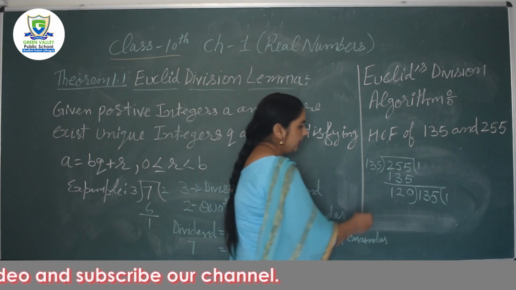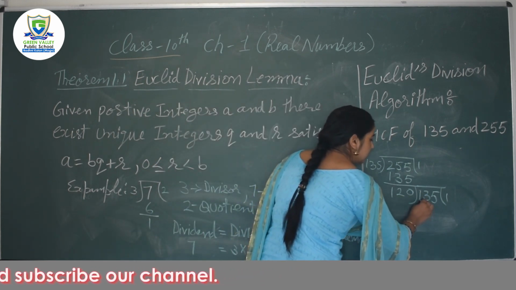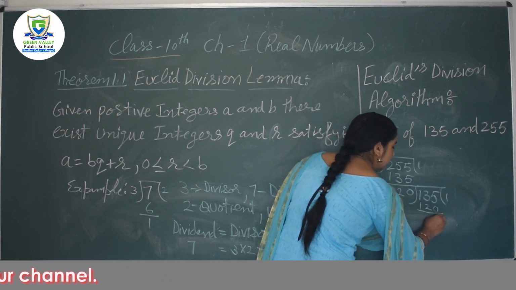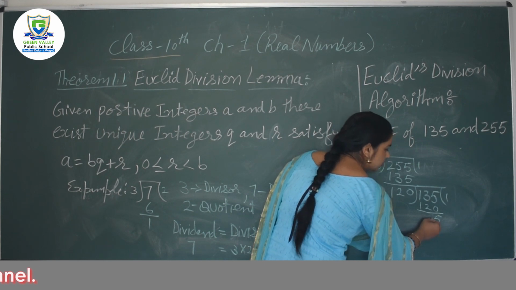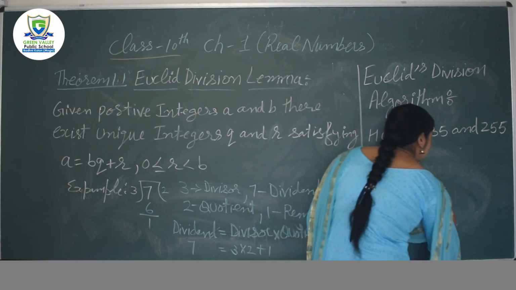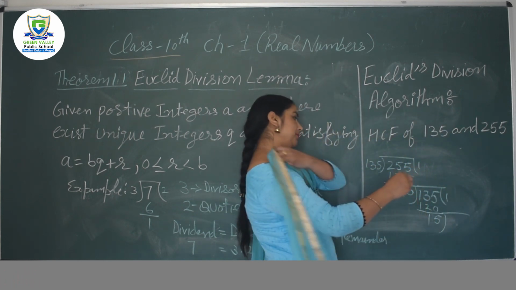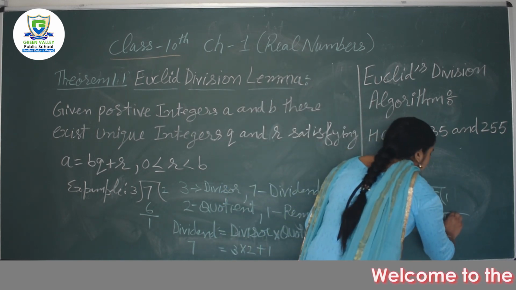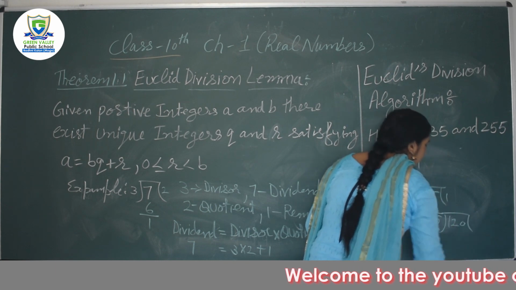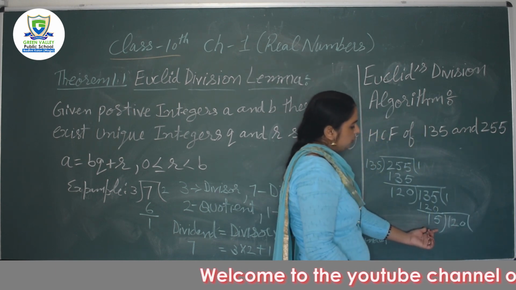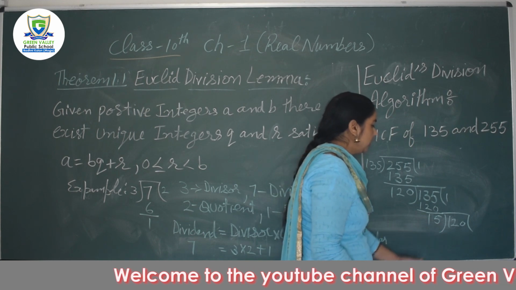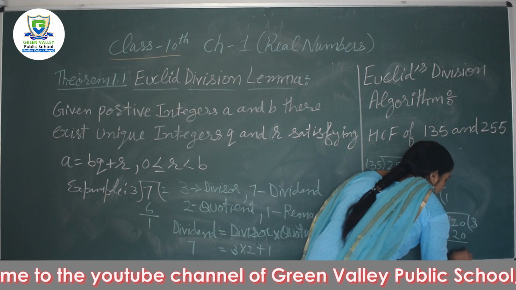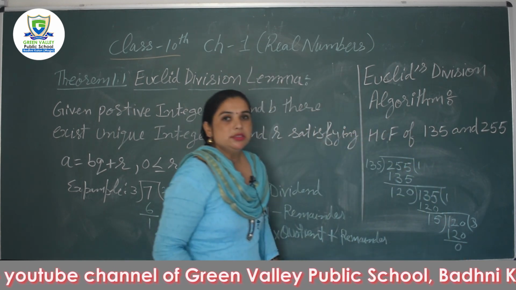So here, if I do the second step, again it will go 1 time, and we will be left with 120. And in the next step, again my previous divisor will become the dividend, and I will get 135 as dividend. 15 will be my new divisor. So from the 15 table, we know 15 times 9 is 135, and here I will get remainder as 0.